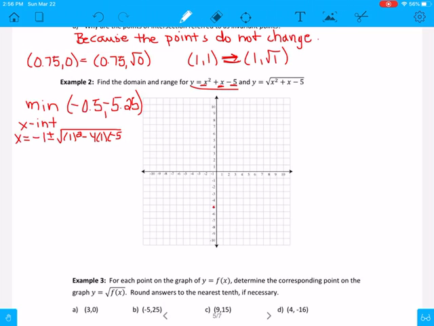Minus 5, all over 2 times 1. So I'm going to get x equals negative 1 plus or minus, now negative 4 times 1 times negative 5 is positive 20, plus 1 is the square root of 21, over 2. Which we can't reduce the square root of 21. There's no perfect squares that can come out of it. So that's where it's going to sit.